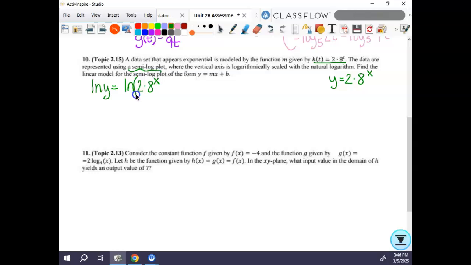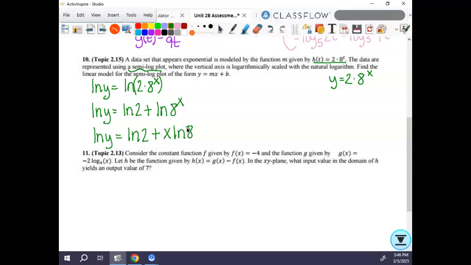Okay, and I'm taking the natural log of this whole thing right here. But I can split that, and I can get the natural log of y equals the natural log of 2 plus the natural log of 8 to the x power. So then natural log of y equals natural log of 2 plus x times the natural log of 8.